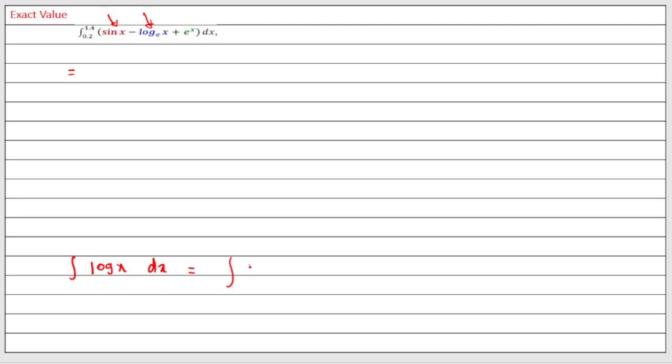To solve this integral, we have to use the UV rule. Log x into 1 into dx. So what is u here? u is log x and v is 1. If I use integration by parts, log x as it is, then integration of 1 dx, minus derivative of log x, which is 1 by x, into integration of 1, which is x, into dx.